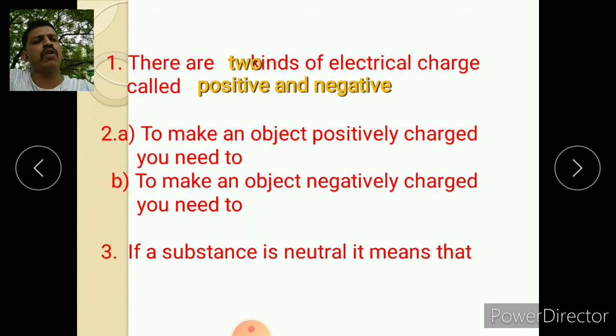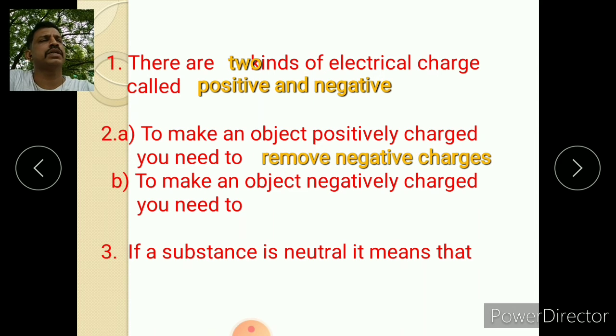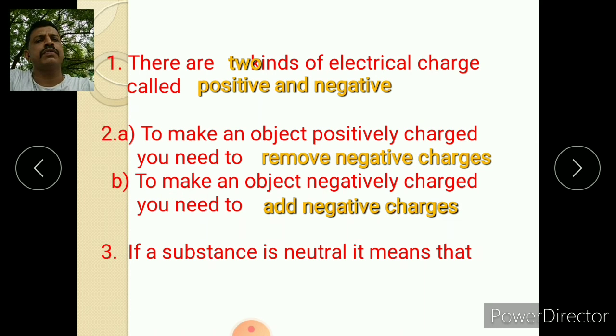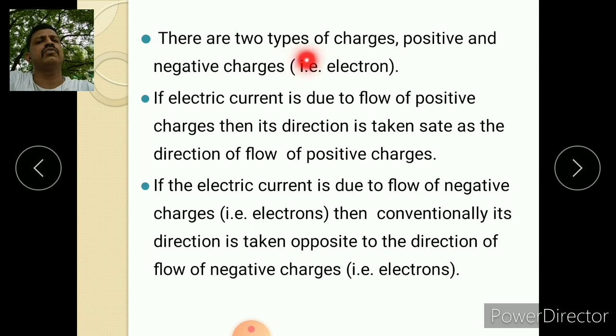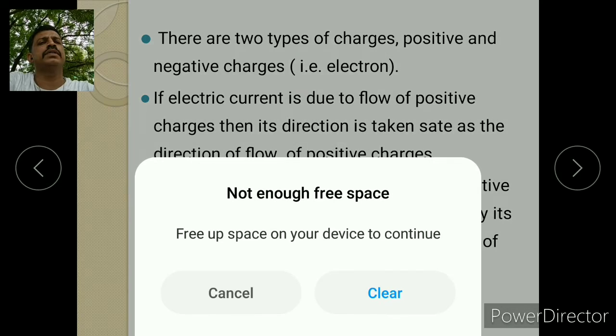To make an object positively charged, we need to remove the negative charges on it. When we remove the negative charges it will become positive. To make an object negatively charged, add negative charges. If a substance is neutral, it means that its negative charges are exactly balanced by the positive charges. There are two types of charges, positive and negative, that is electron.